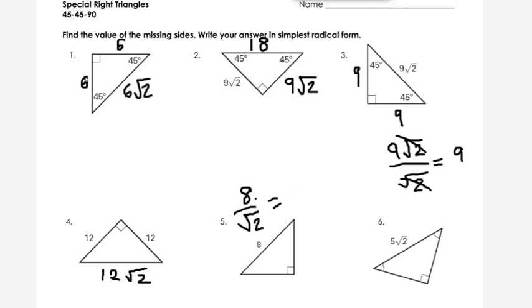Now, when you divide by a square root, then obviously you have to rationalize the denominator, which means that you cannot have a square root as your denominator. In order to remove that, we are going to multiply both the numerator and the denominator by square root of 2.